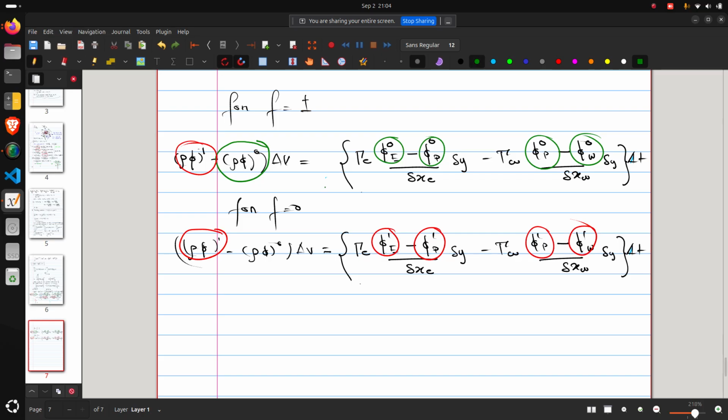The only thing that is known is the previous time value at the point P. Okay, so now we see that we are left with, so this formulation results in simple algebraic equations, and this will result in a system of linear equations, right?